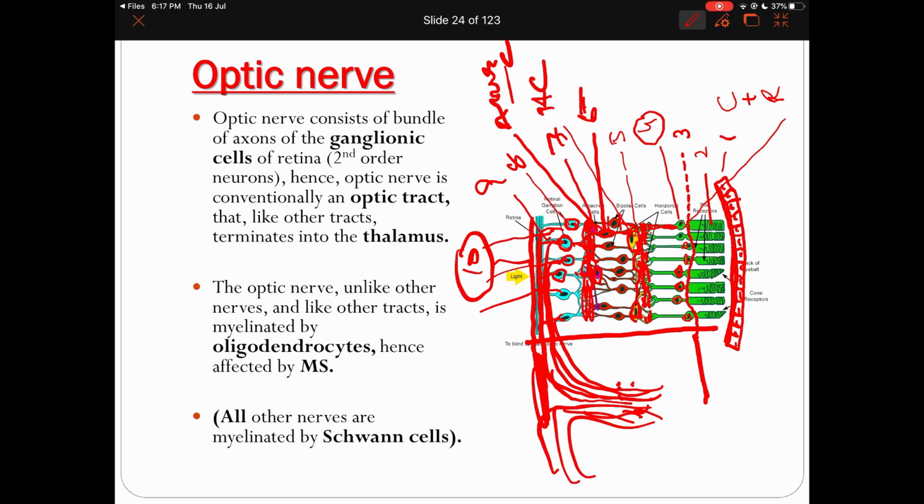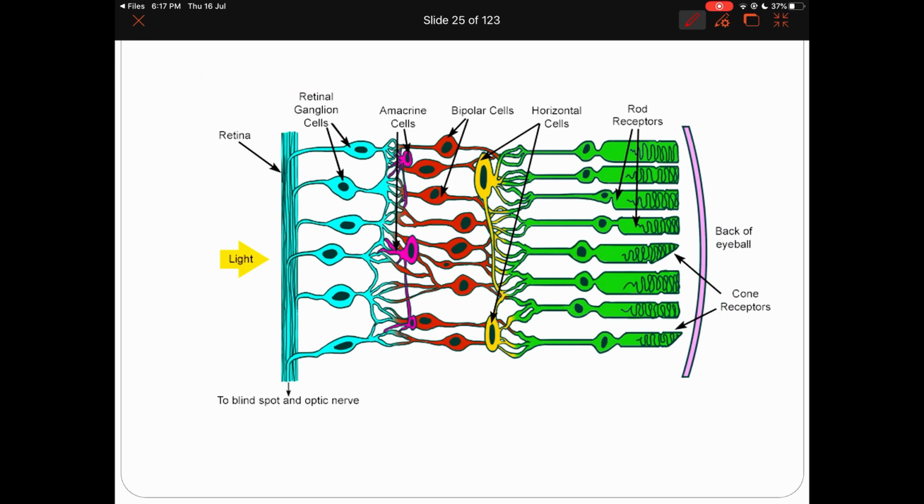We will be discussing them. The receptors which you have seen here, consider them just like your receptors elsewhere in the body, like pain receptors. Here rods and cones. Application of stimulus: here by what?